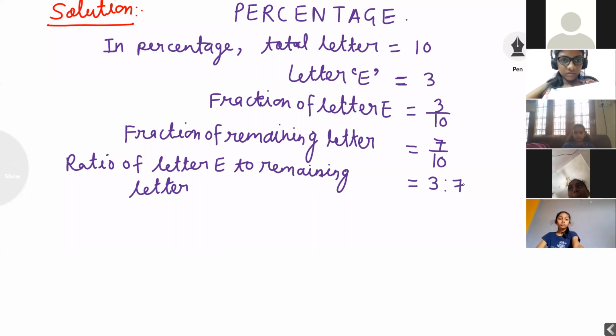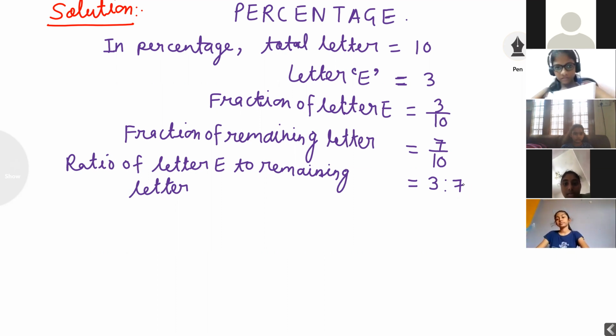Can we say the answer directly? What is the answer? 30% and 70%. Divide concept. Divide 20 rupees. Total is 10. First term is 3. Second term is 7. Divide two numbers into two parts in the ratio 3 is to 7.